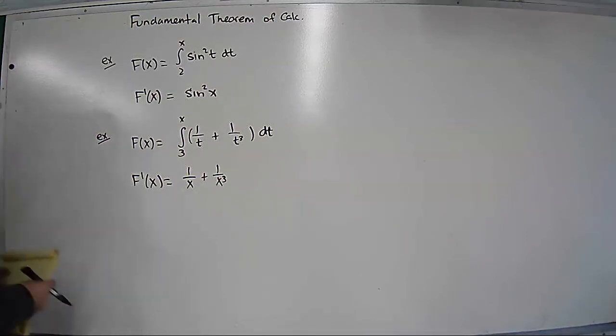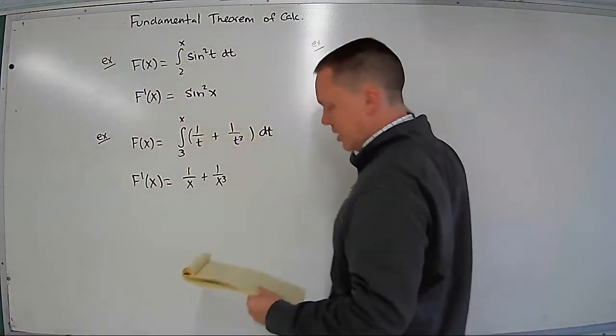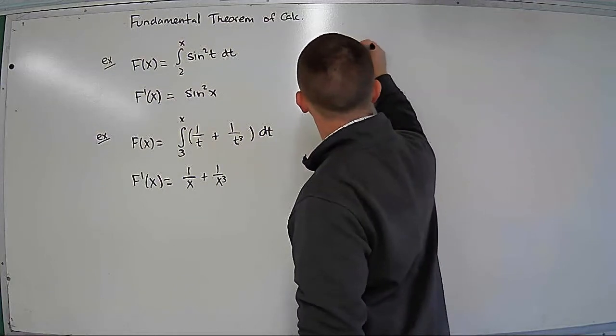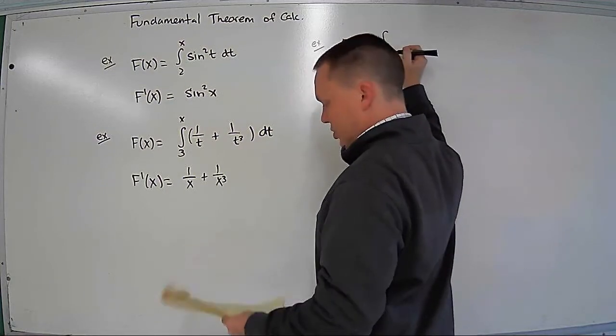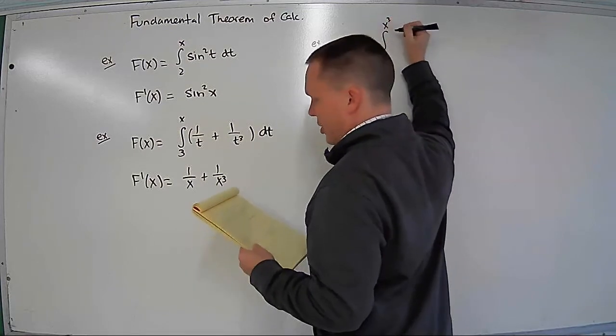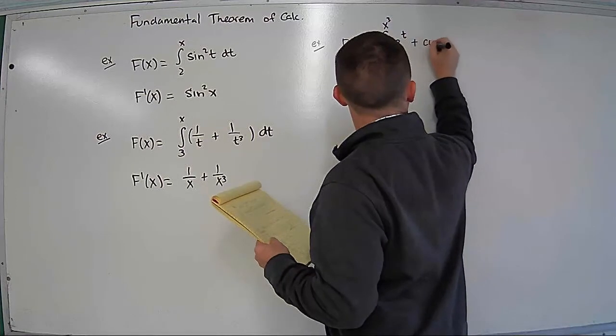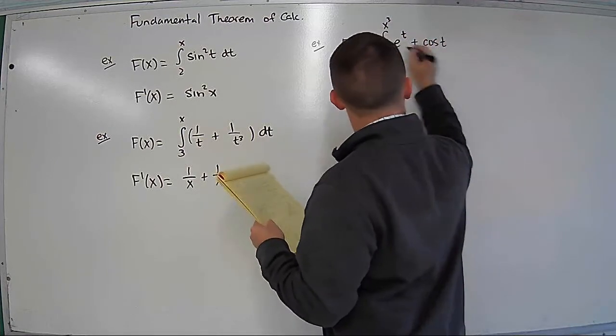Let's make one that's a little bit more challenging. Let's say that big F is equal to the integral from 0 up to x cubed of e to the t plus cosine of t.